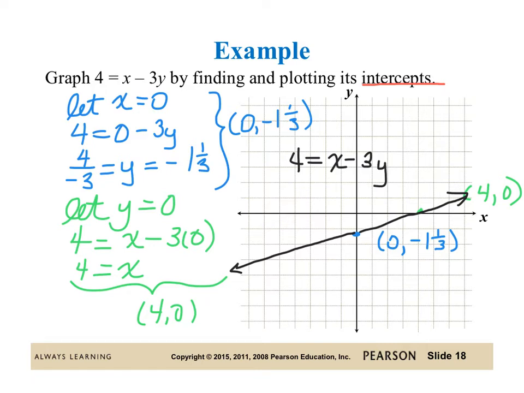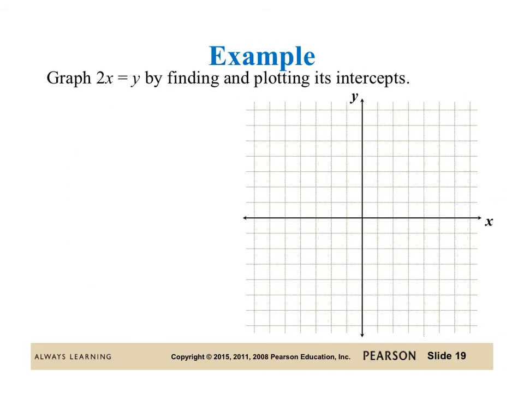So as I've mentioned once before, using x and y equals 0 is usually a fast way to get the arithmetic done, and often you won't even need a calculator to do it. Now, unfortunately, it's not always going to be that plotting the intercepts will lead you straight to the graph. And this is a good example of that.